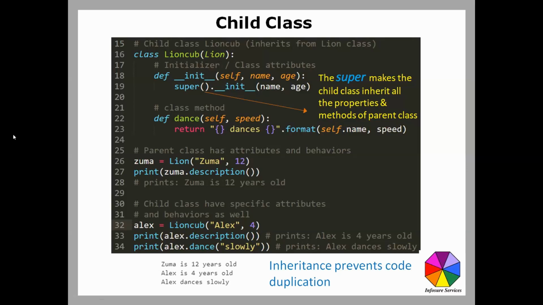So here, Zuma.description is directly available in alex.description, the child class object. Child class object is Alex. Without writing any code in the child class, it was available. But if you choose to write additional functionality, this description can be coded in the child class as well.